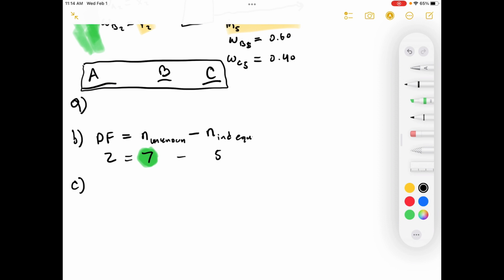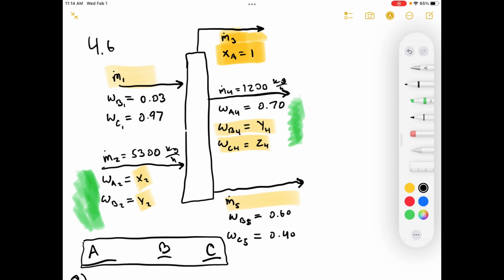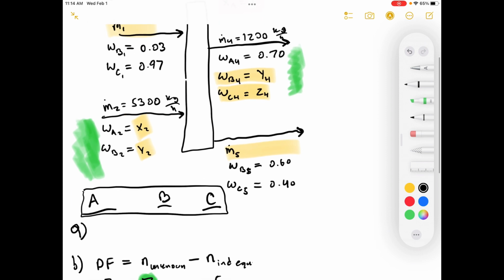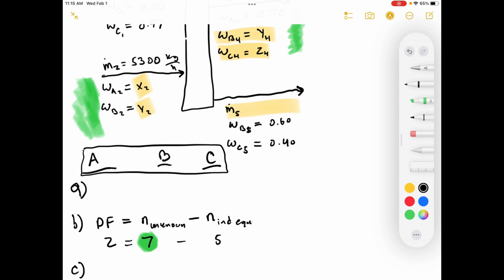Okay, that's great. So we just have to do kind of a symbolic solve of this problem, where we can solve for the different variables, assuming that we have a reduced number of unknowns.